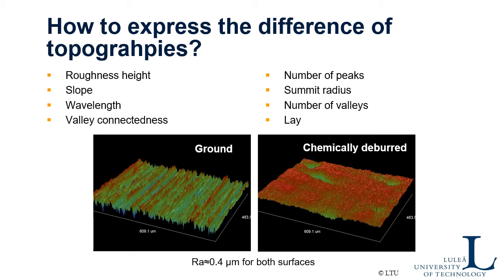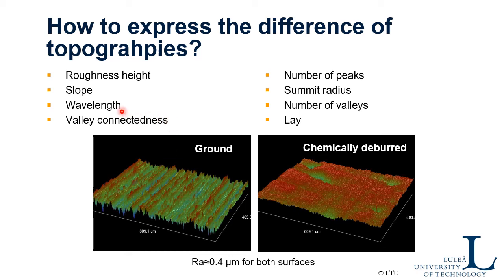So nowadays, in most optical profilometers, you get a list of maybe 100 parameters, and the most common ones are those describing the height, the slope, the wavelengths. The connectedness is maybe not that common, but it tells you a little bit about if you have valleys, if they are connected or not.